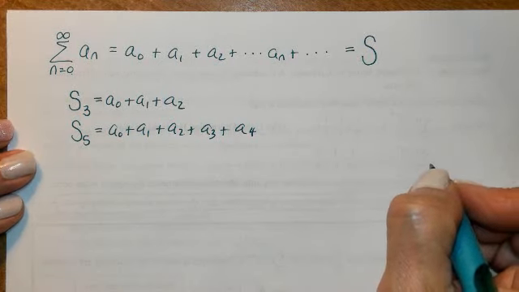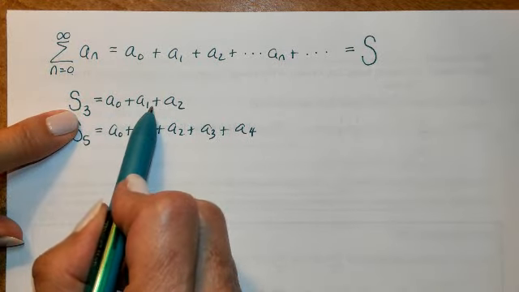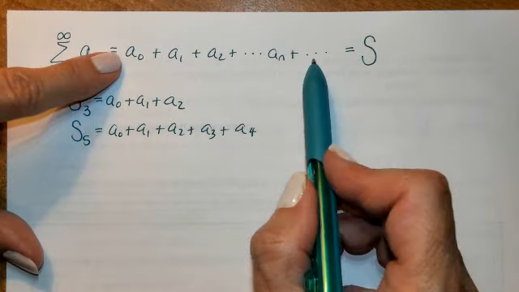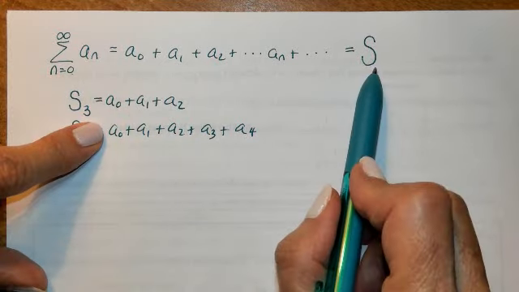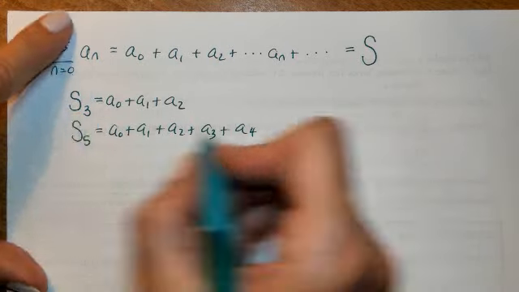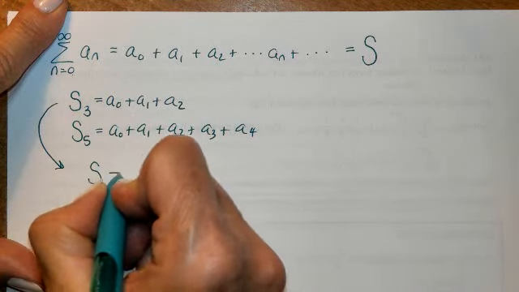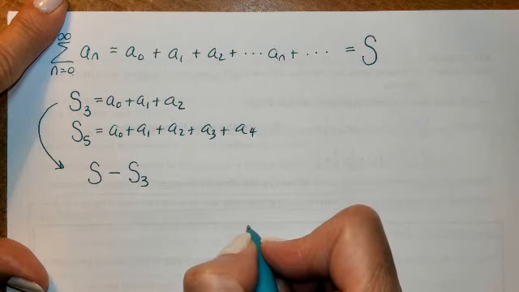So, if you did find the sum of the first three terms, then do you agree that there would be a remainder if you subtracted this from S? In other words, if I took S and subtracted S sub 3 from it, what would I have left? What would be remaining?